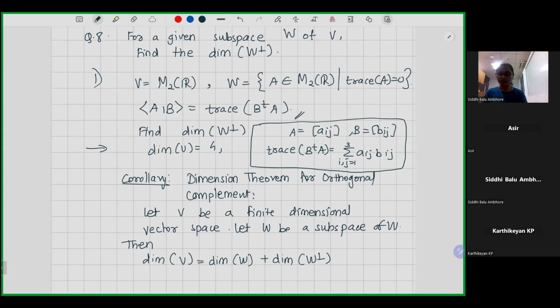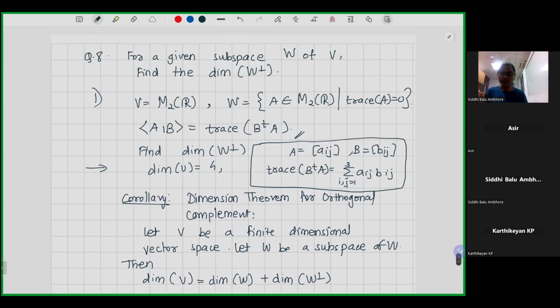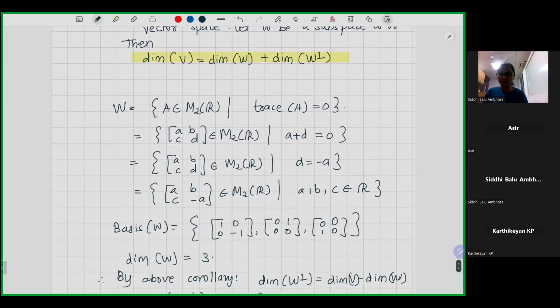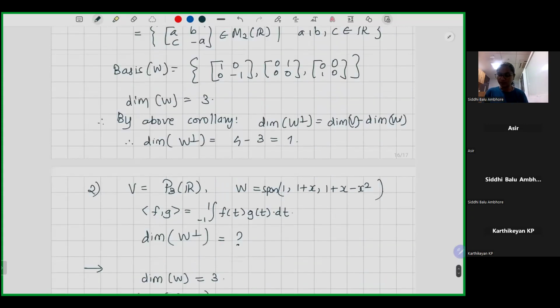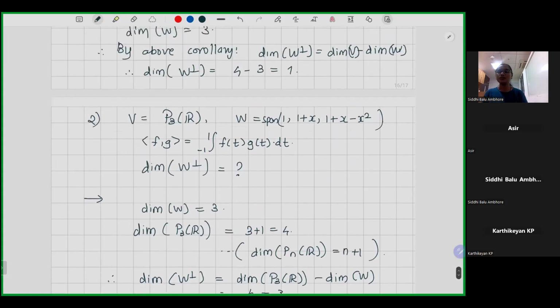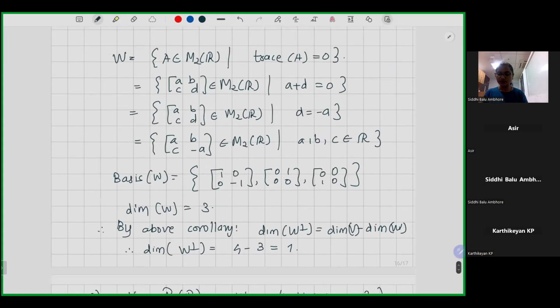But if we are only asked about the dimension of W perp, we can immediately use this corollary and obtain it. Any doubts or any question which you would like to ask?